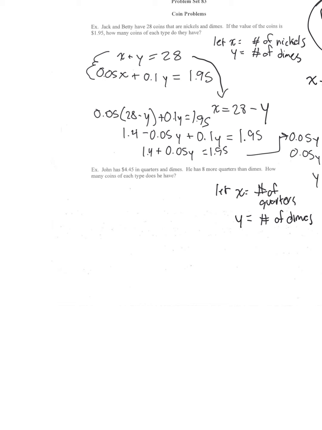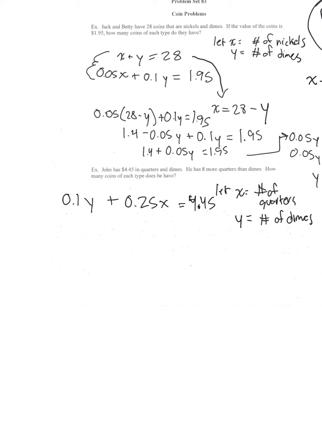So we know that it's $4.45 in quarters and dimes. Well, if we know the number of dimes, we can multiply that by 0.1, add it to the quarters, like so, and when we do that, we'll get $4.45.